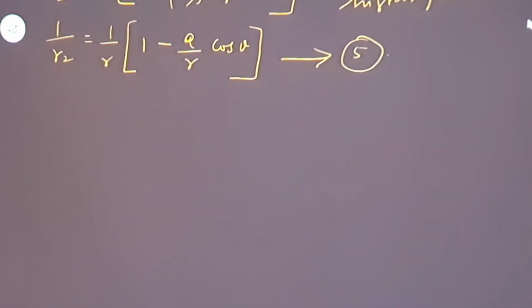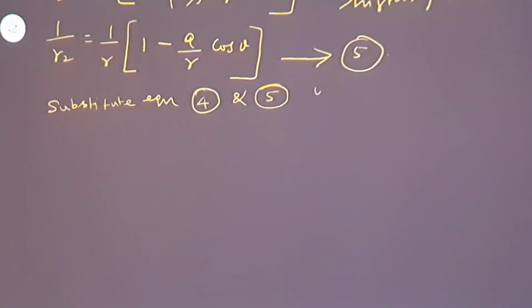By considering the equations 3, 4 and 5, what I am going to do is, you substitute equation 4 and equation 5 in equation number 3. You substitute in equation number 3 the equation 4 and equation 5, you get the answer.